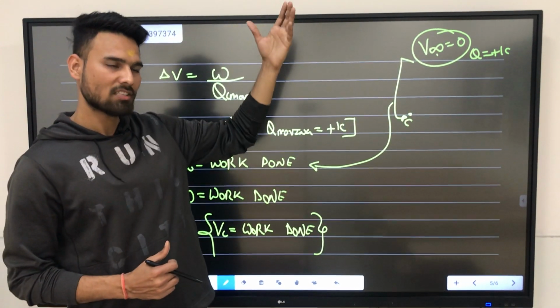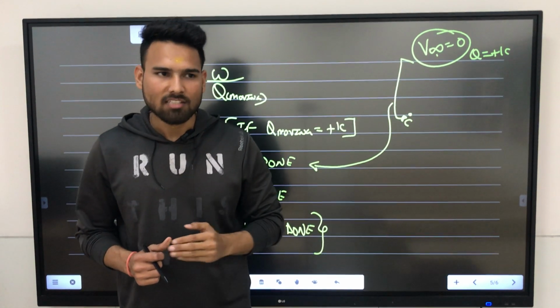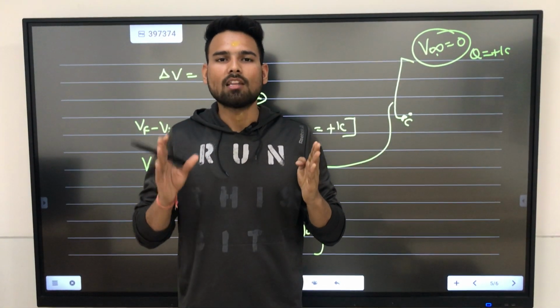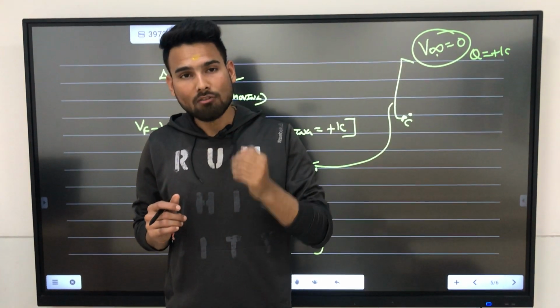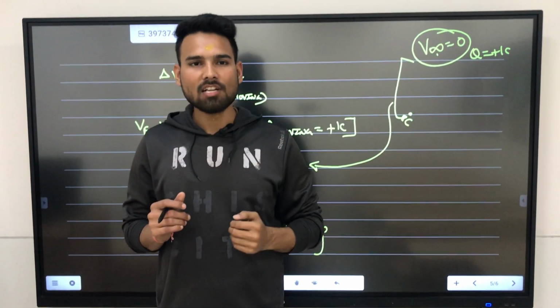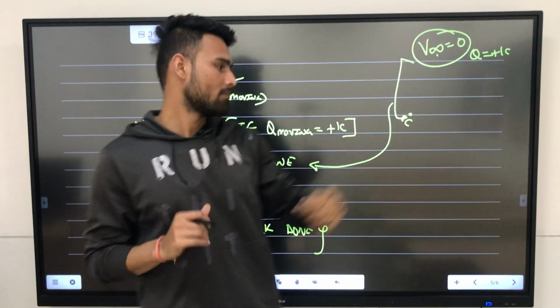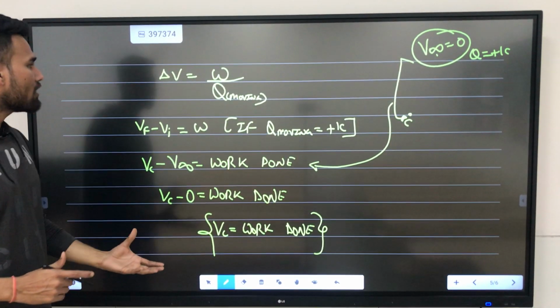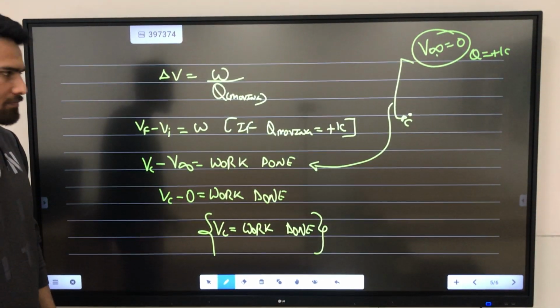What was potential difference? The potential difference was the amount of work done to move a unit positive test charge from one point to the other point. And what is potential? The potential is defined as the amount of work done on a unit positive test charge from infinity to this particular point. Am I clear or not? So this is the potential difference and the potential.